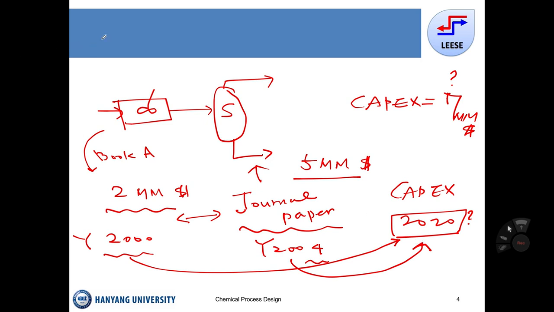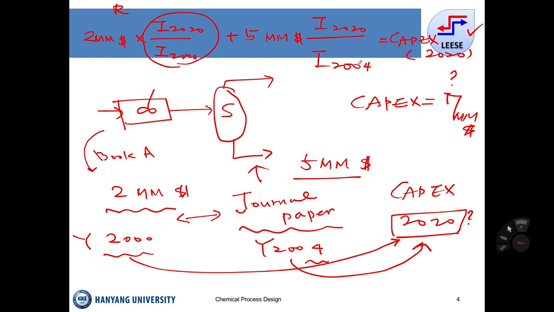So let's say the reactor cost is 2 million, multiplied by the index at 2020 over the index at 2000. Then the separator, the $5 million, multiplied by the index at 2020 over the index at 2004. Then I have the capital cost based on 2020.